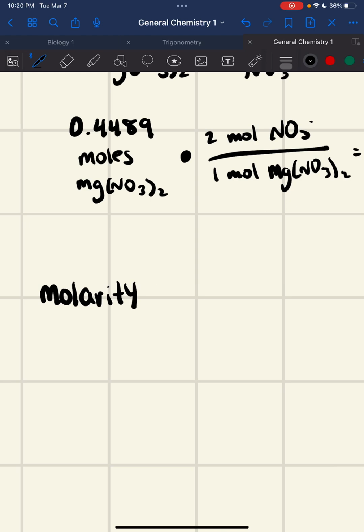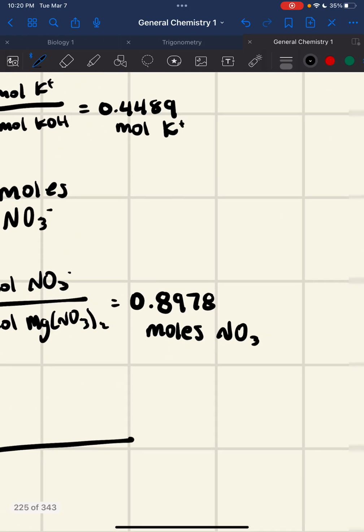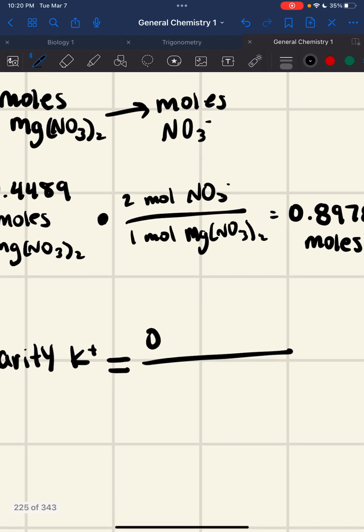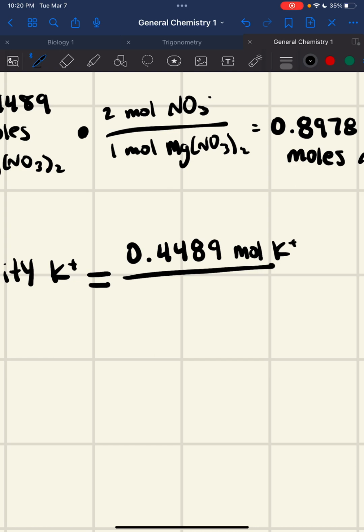Molarity of K plus, it's going to be N over V. I believe maybe I'm just saying that wrong, but let's go ahead and do this math. So I know for sure that it was 0.4489 moles of K plus, and then that's over my volume.